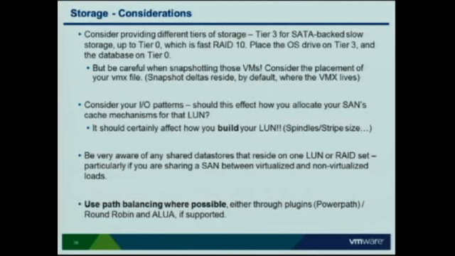One thing that we're starting to see a lot of, and it tends to be with View machines for some reason, is being aware of any shared data stores that reside on one LUN or any RAID set that is shared between virtualized and non-virtualized workloads.